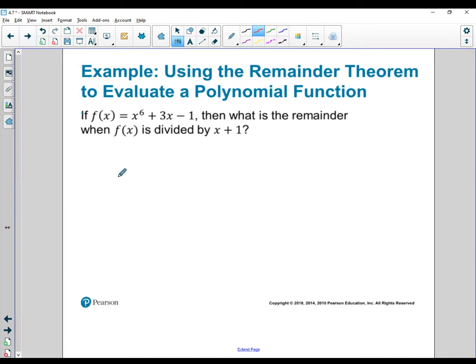So let's do one more example. So then what is the remainder when f of x is divided by x plus 1? Well, c is going to be the opposite, so negative 1. So all we have to do is do f of negative 1, which equals negative 1 to the 6th plus 3 times negative 1 minus 1.